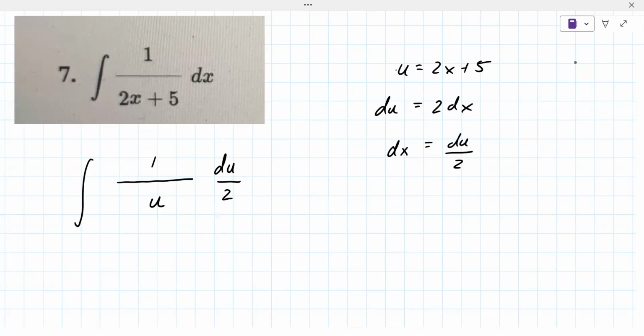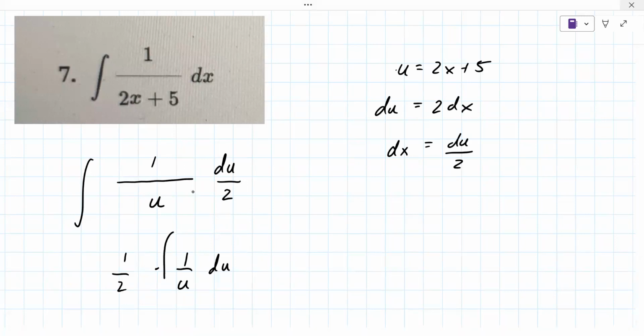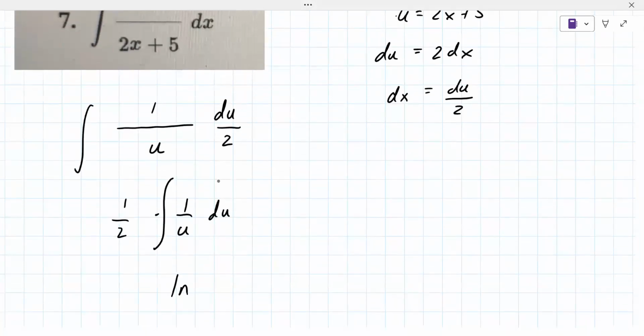All right, so now this 1 over 2 is really a constant, the 1 on the top and the 2 on the bottom. So you can actually pull that out of the integral. It now becomes the natural log of the absolute value of u plus c.